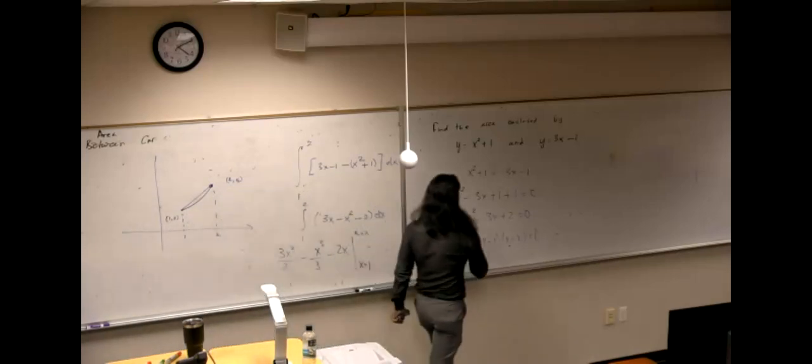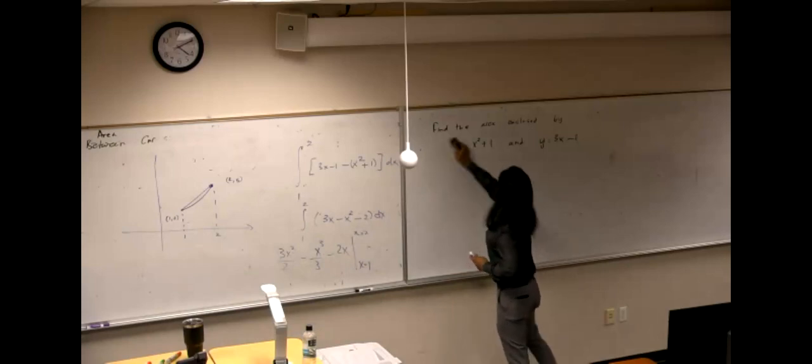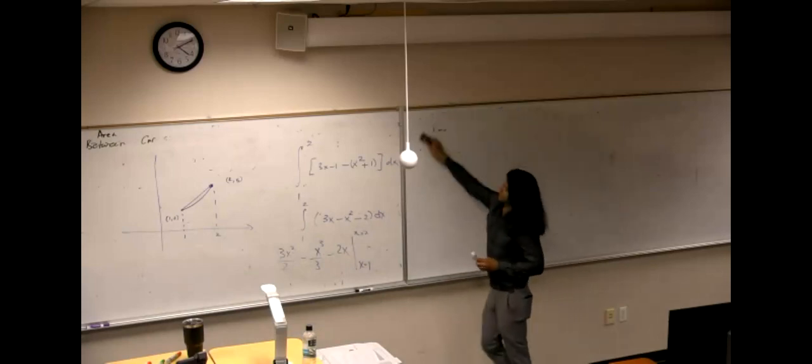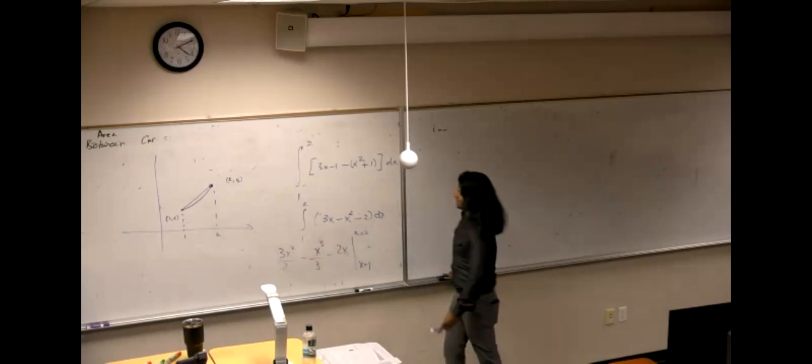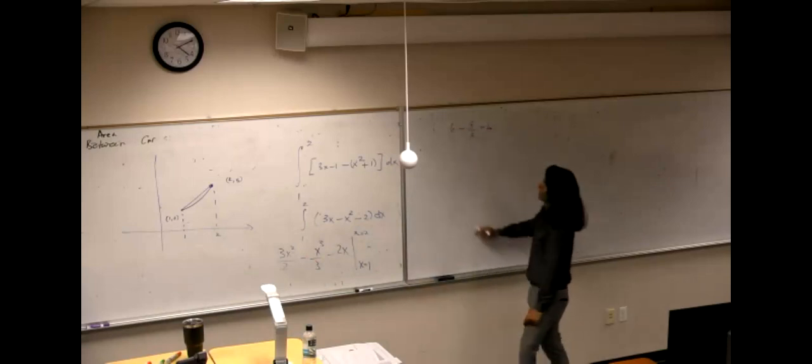Plug in the upper limit. So 2 goes in there. First term would be 6 minus 8 over 3 minus 4.